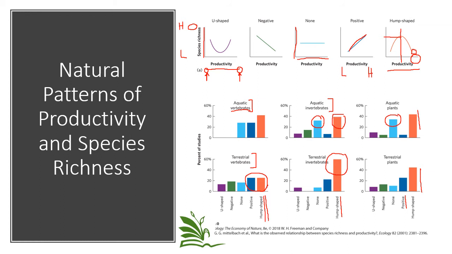There are cases where we see negative relationships between productivity and species richness, or U-shaped relationships, but generally, the most common patterns are the positive and hump-shaped patterns for most vertebrate and invertebrate organisms, as well as plants.